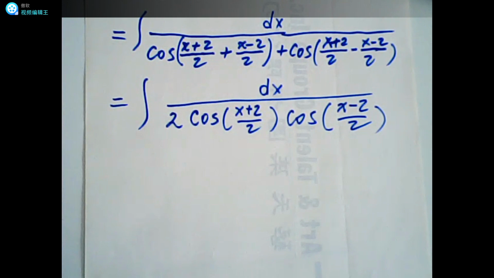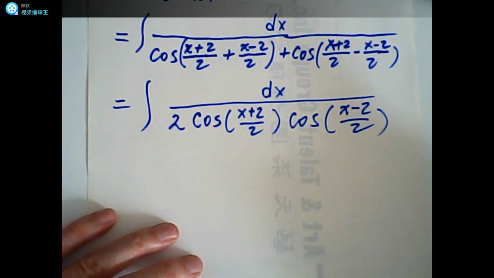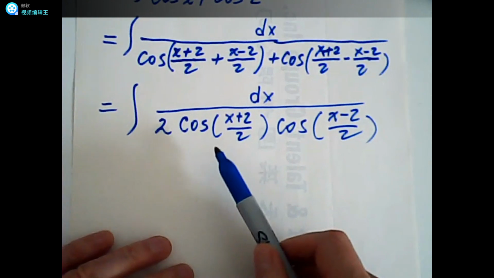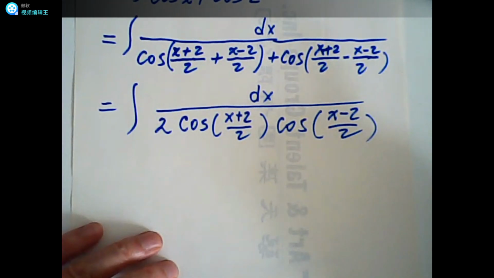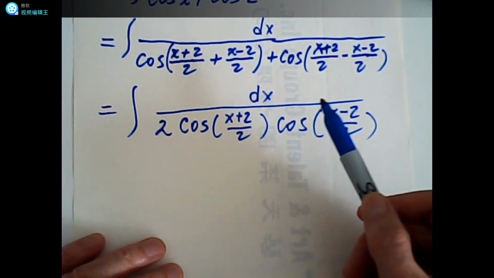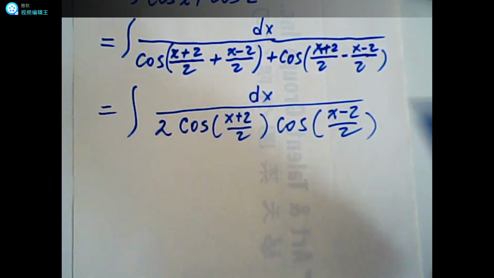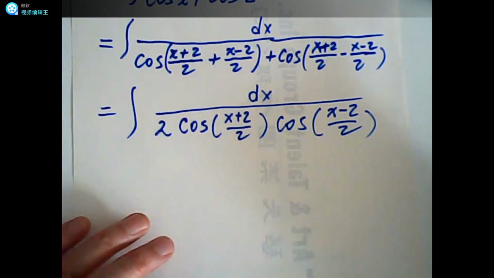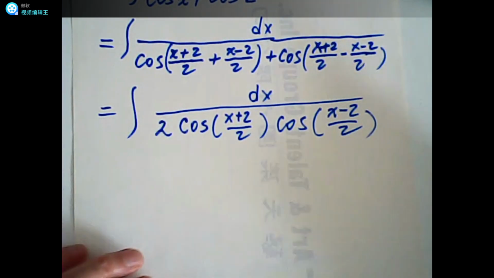Now, the next idea is that I have to bring in sine, because the derivative of cosine is a negative sine. If I bring in sine, it may change the integrand function.